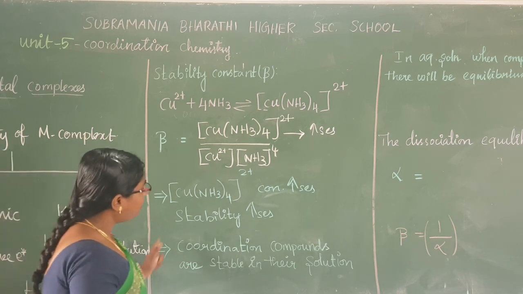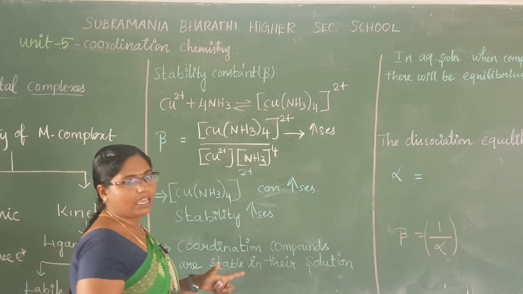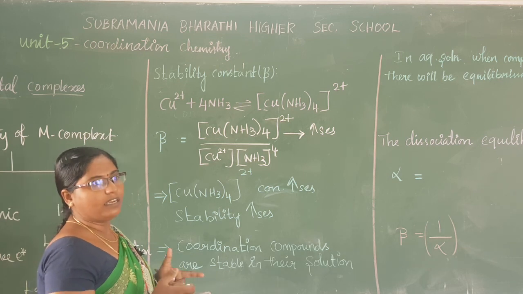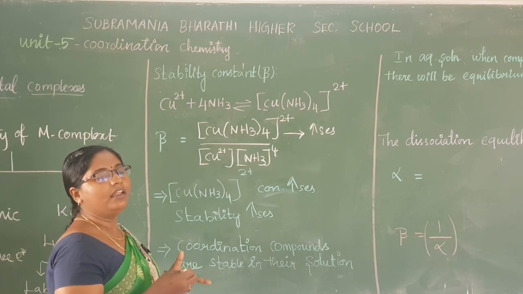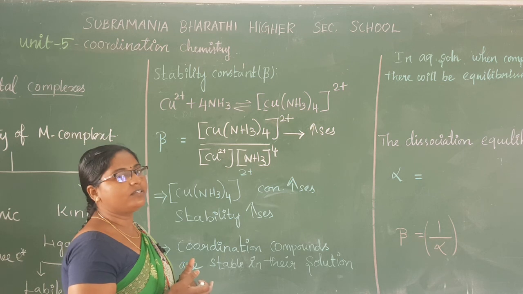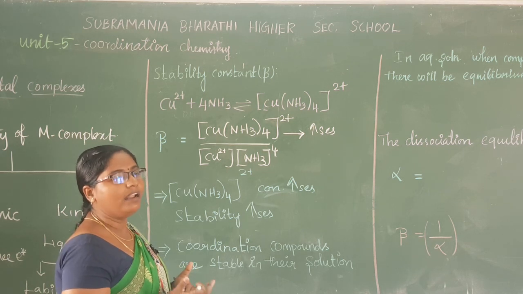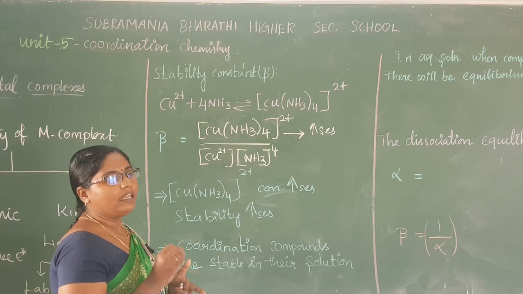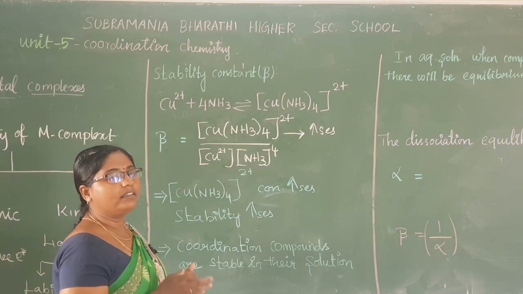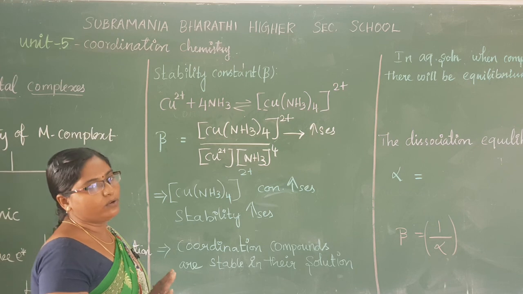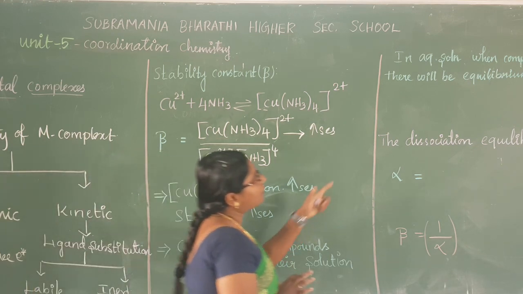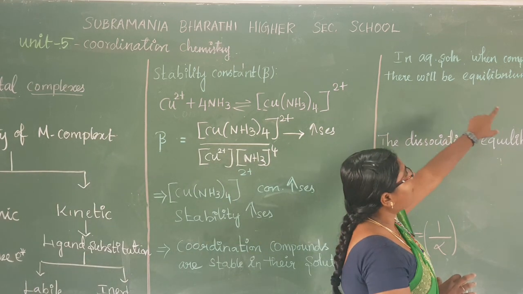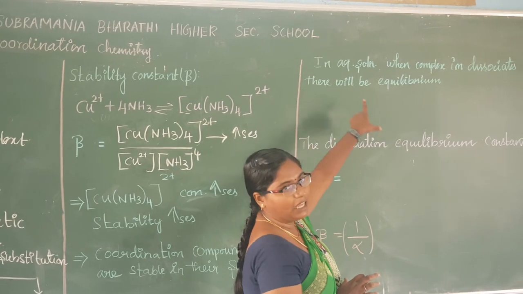All the coordination compounds are stable in their solution. If I take a beaker with a solution and add a coordination compound to it, to some extent some of the coordination compounds get dissociated, but they are stable in their solution form. So in aqueous solution, when the complex ion dissociates, there will be an equilibrium.